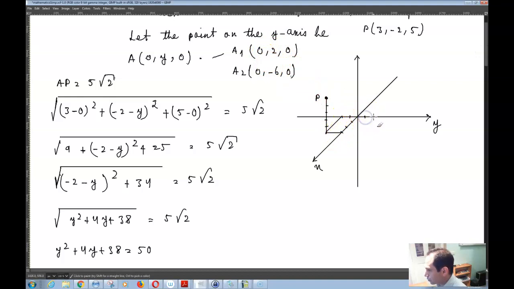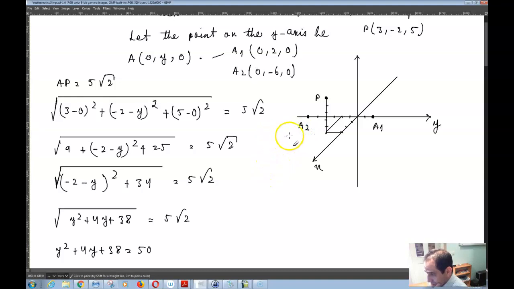So that would be this point over here. This is A1. And this point over here, 1, 2, 3, 4, 5, and 6, this point over here is A2.